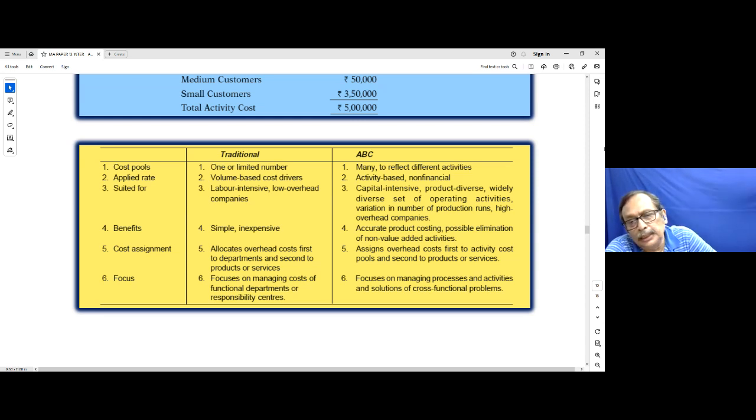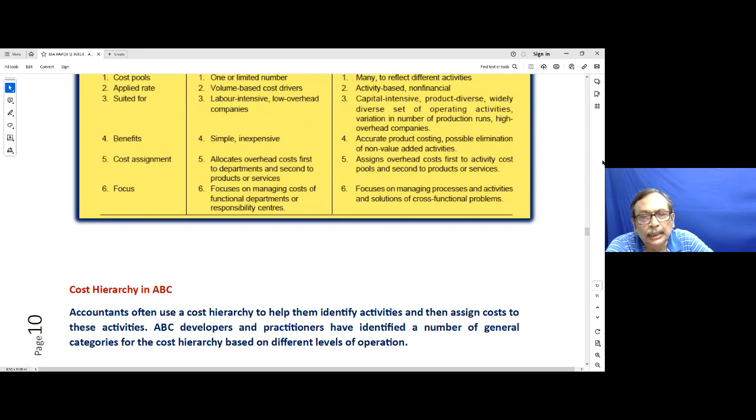So in traditional costing, it focuses on managing cost of functional departments or responsibility center. But so far ABC is concerned, focuses on managing processes and activities and solutions of cross-functional problems. That is taking into consideration of different activities.